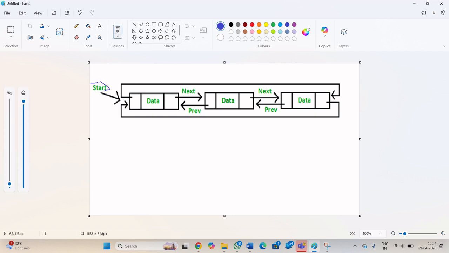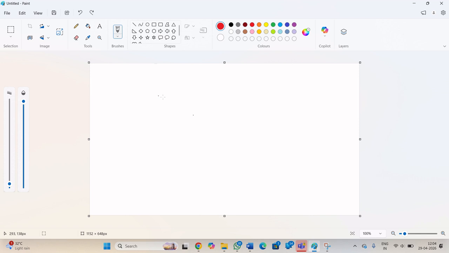What does the picture say? That's the start. Start means what we have told as the head pointer. So head pointer points to the... okay, here we have some problem with the picture, that is not the singly circular.